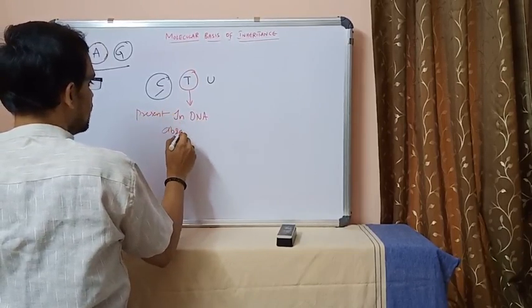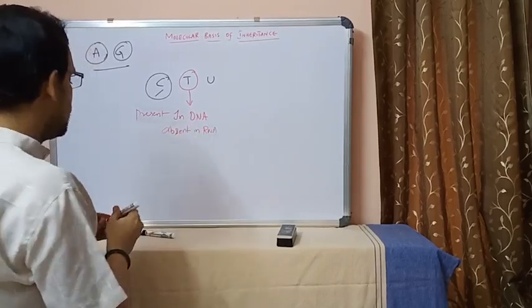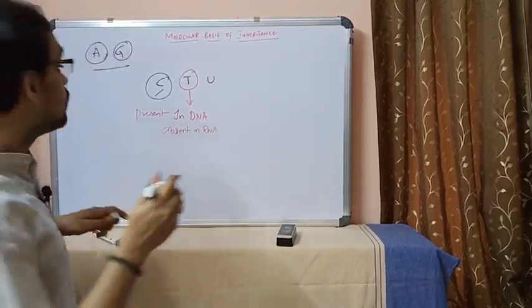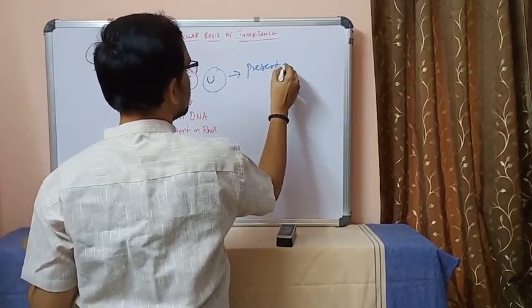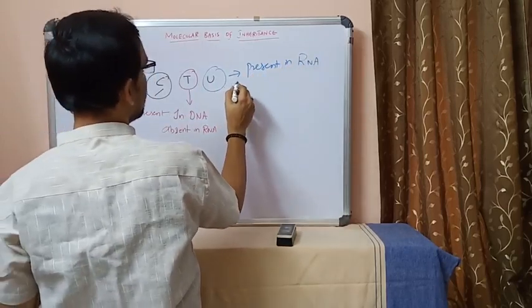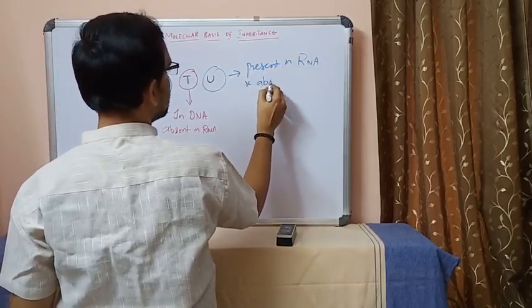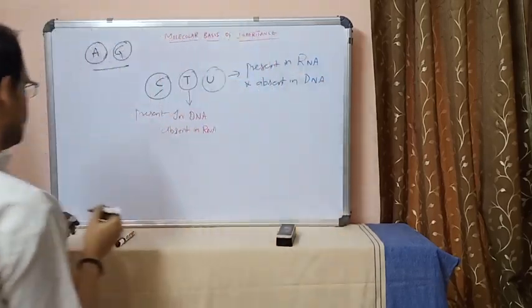Now coming to uracil. Uracil is present in RNA, and absent in DNA.